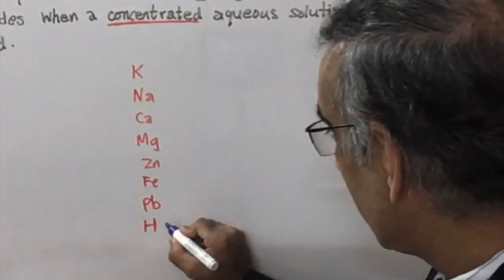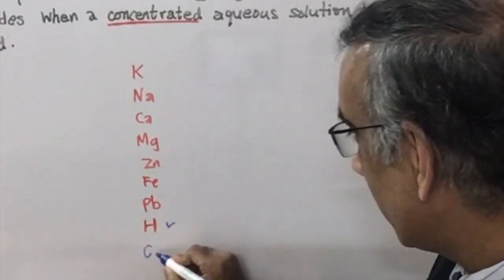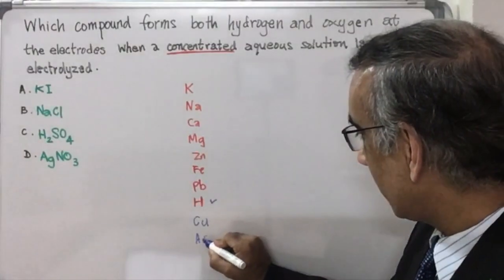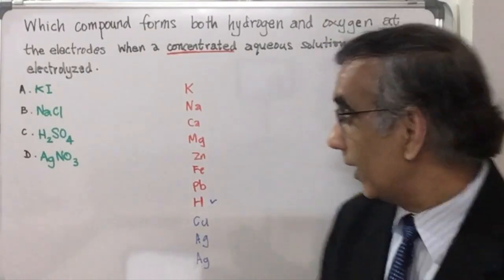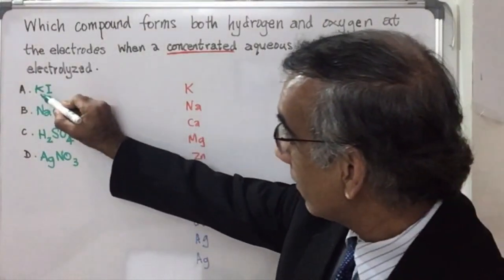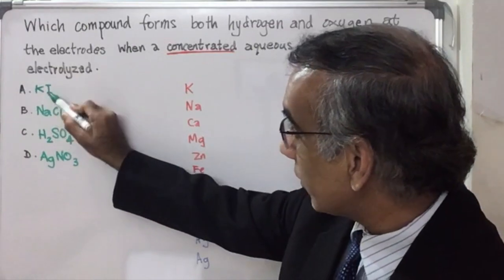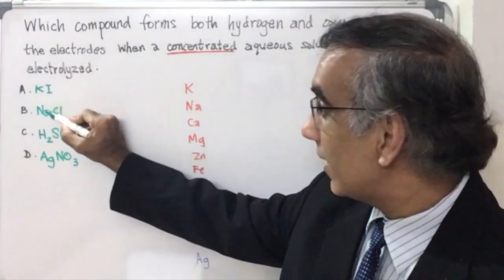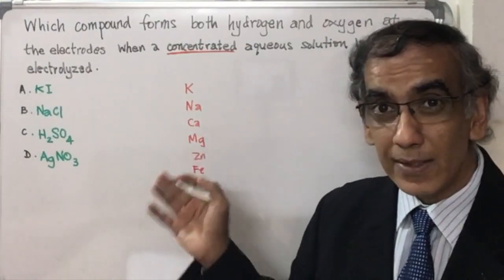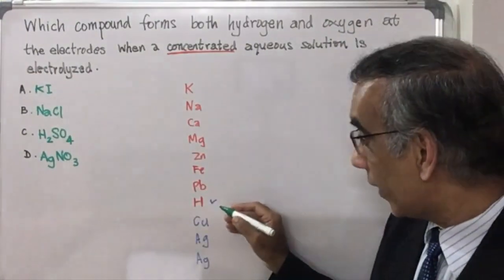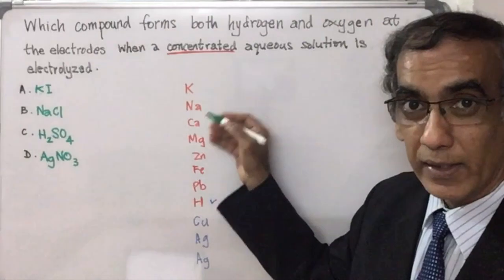Below hydrogen, here, you would have copper and silver. So when you have a concentrated solution, and it includes potassium and sodium, like potassium iodide here and sodium chloride there, then you still won't get those metals being discharged because they are still way above hydrogen on the electrochemical series.